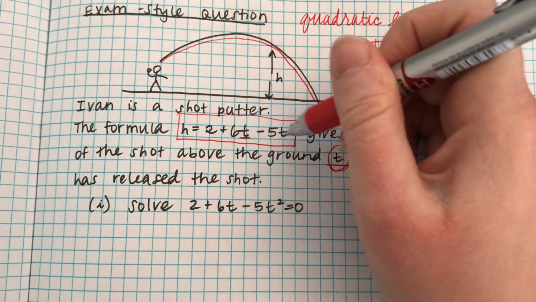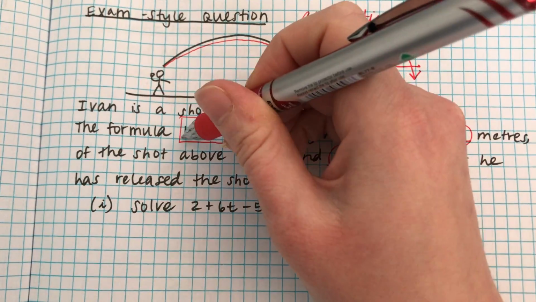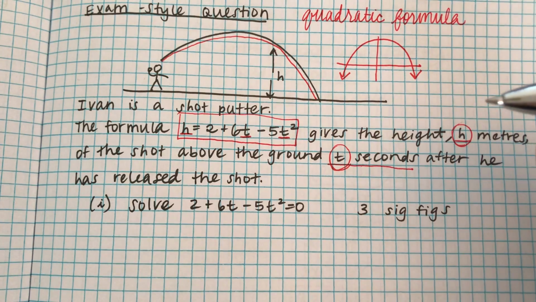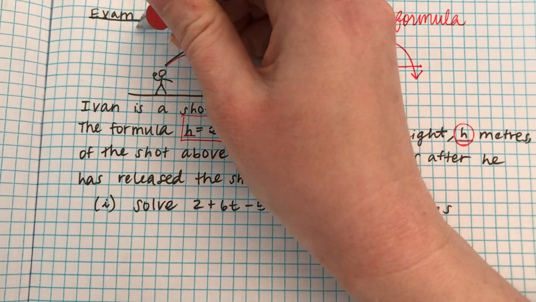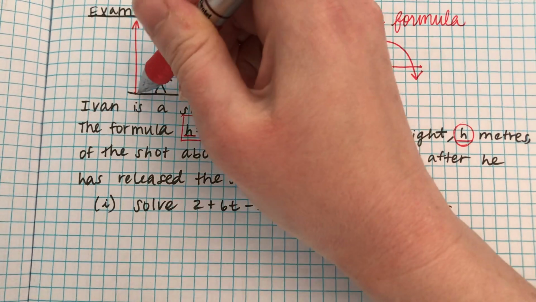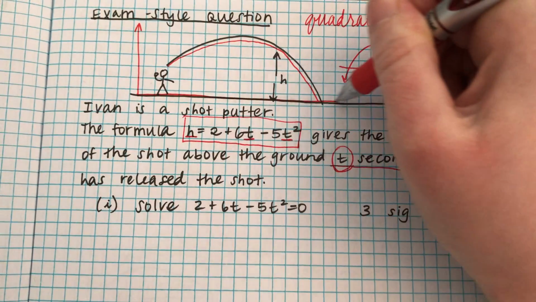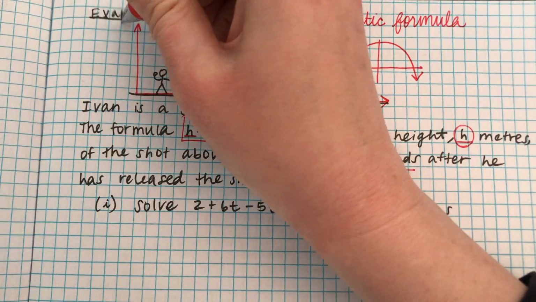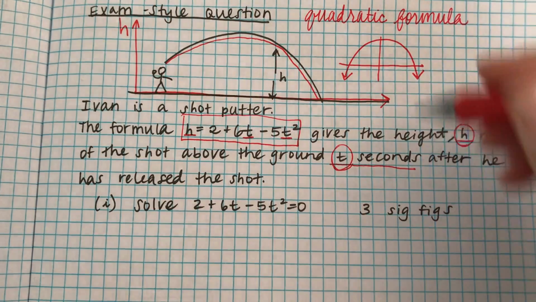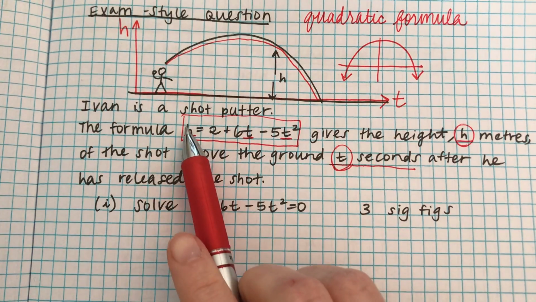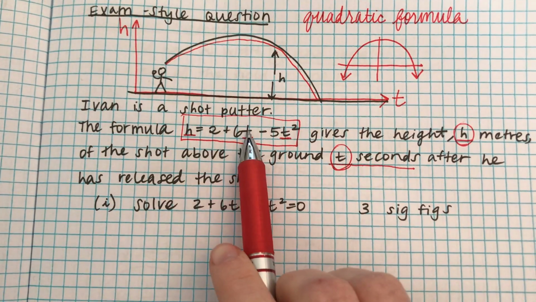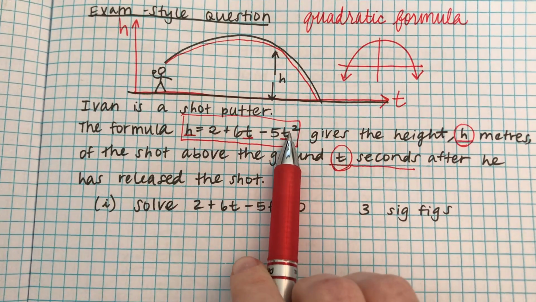So if you notice, we have the variables t and h in our equation. Just imagine that you have this as your axes, and h is like the y-axis, t is like the x-axis. So normally you would see y equals 2 plus 6x minus 5x squared.